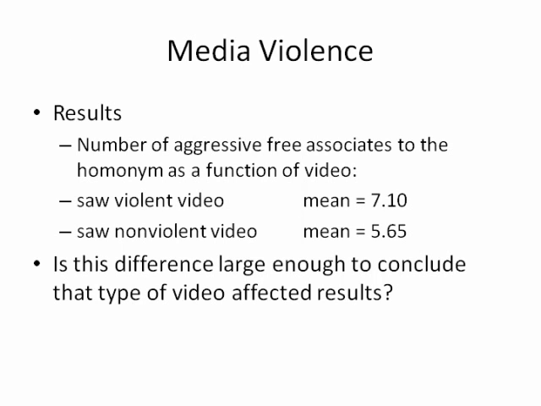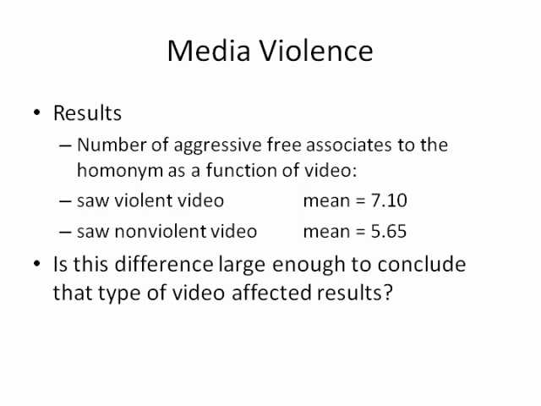Here are the results. Those who saw the violent video had more aggressive free associates. You can see the mean level was about 7 free associates for those who saw the violent video, and for those who saw the nonviolent video, they had on average 5.5 aggressive free associates.